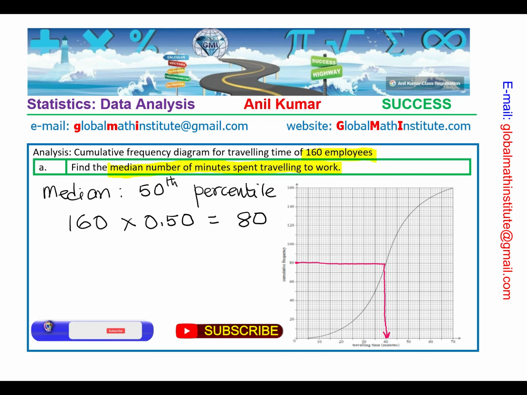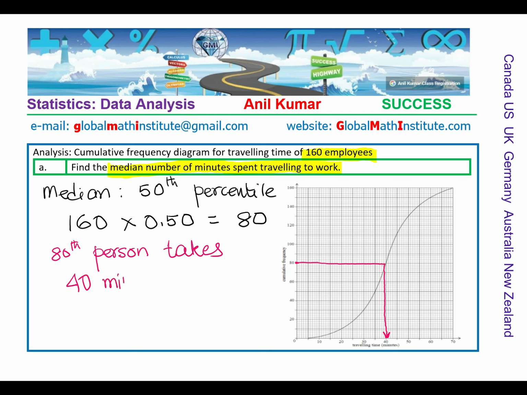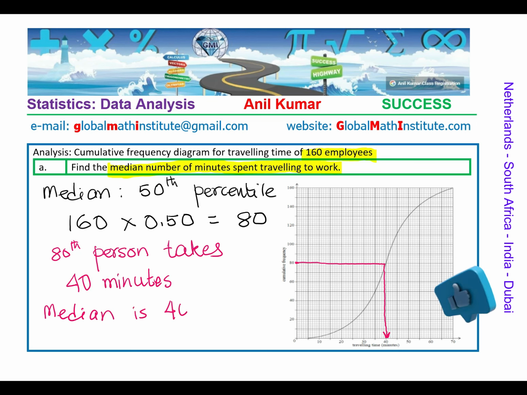So from the graph, we have that the 80th person takes 40 minutes. Perfect. So when you say find the median number of minutes spent traveling to work, it really means median here is 40 minutes.